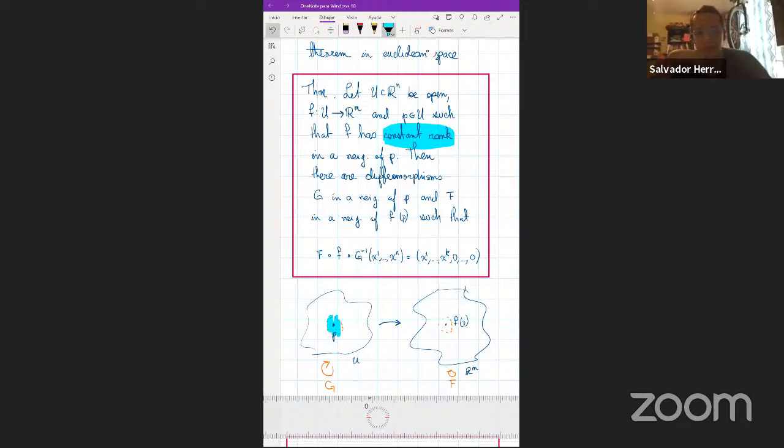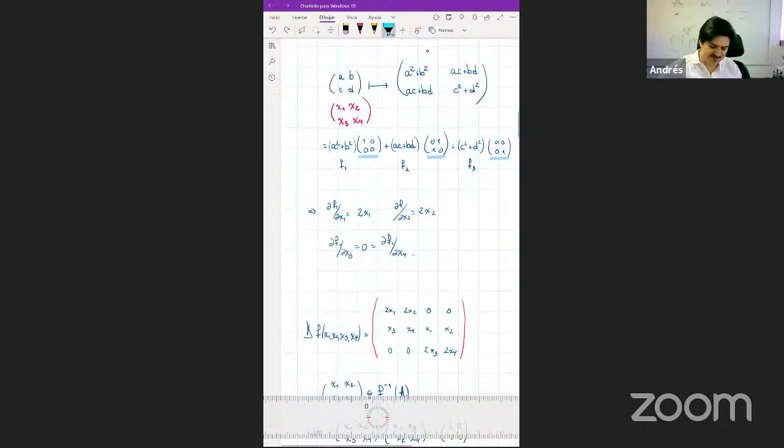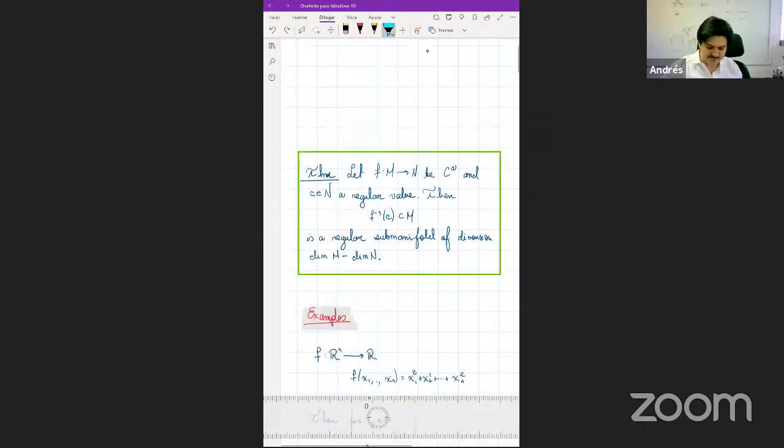Okay, then, so let me recall what we had before yesterday. This means that at every point on M, the differential is surjective. So I have, it's a very specific constant rank.